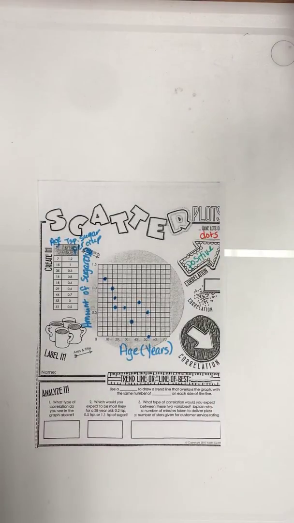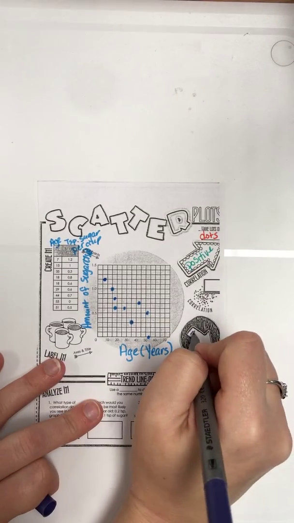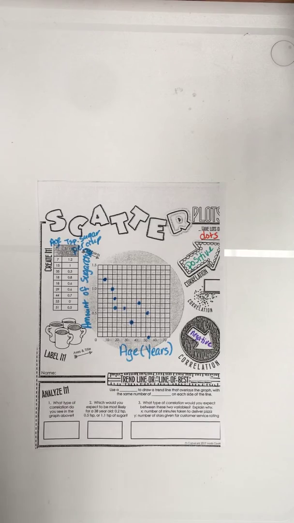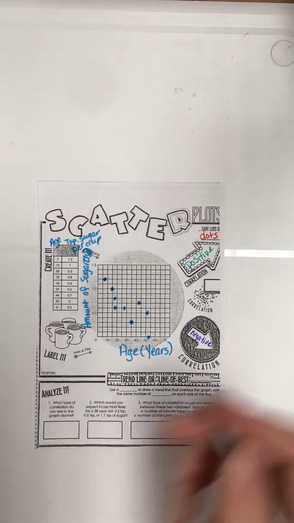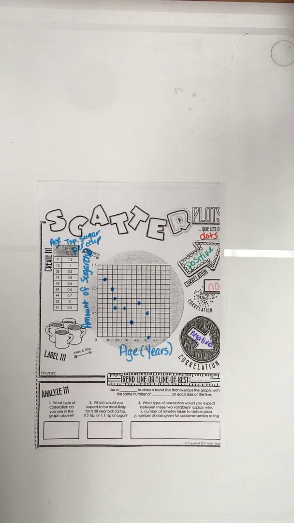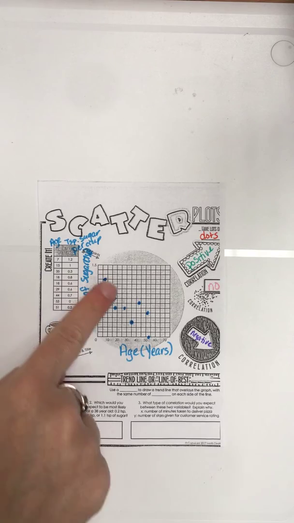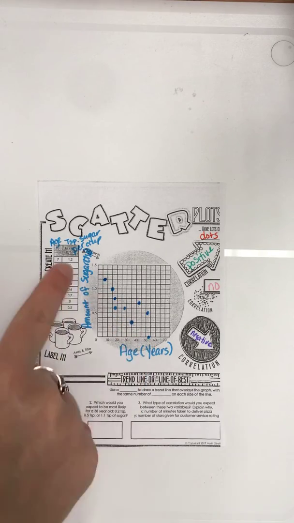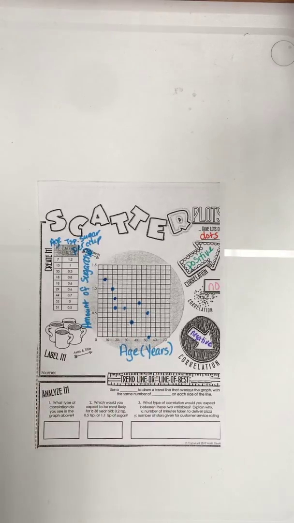We can say that there is a negative correlation, which means it's going down. Or we can say there is no correlation, and that means it's just kind of all over the place and there's not a pattern to it. So this data set, we can see it's going down, so it has a negative correlation. It doesn't have to be a straight line, it's just a negative correlation, okay?